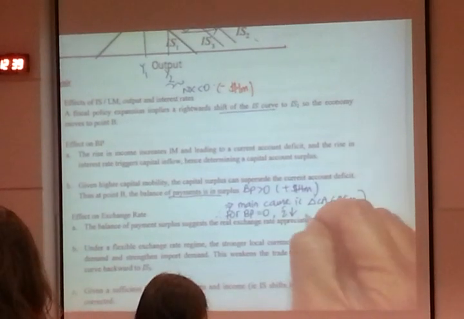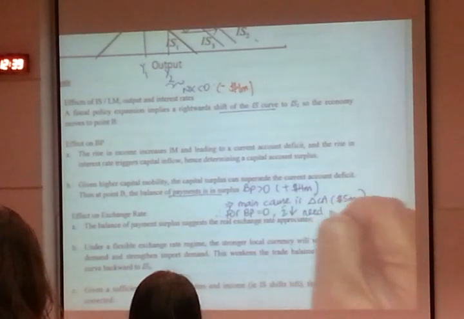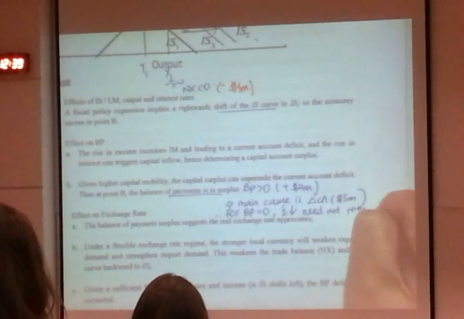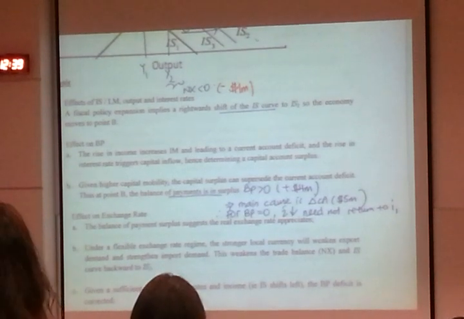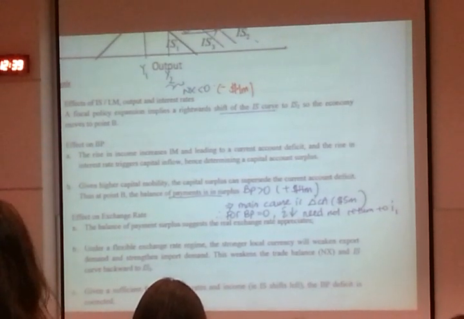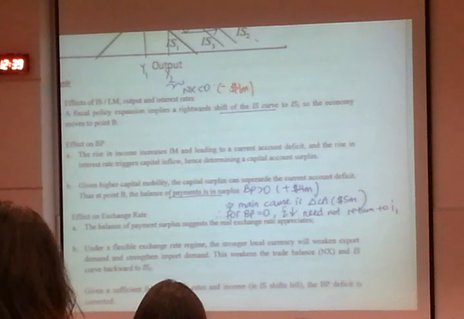And if interest rate drops, it need not return to I1. And this is what I taught you the last lecture. So when I do fiscal policy, I'm very careful. I don't just go over wherever the BP line is.